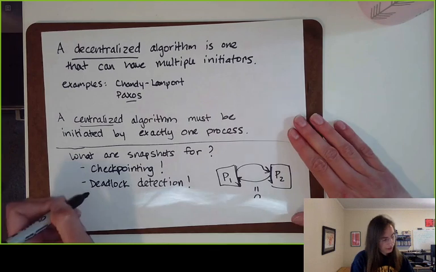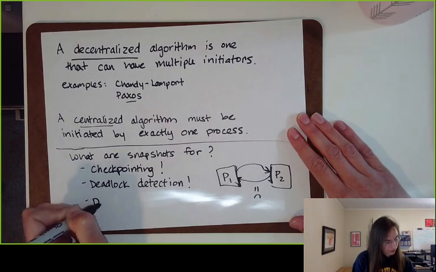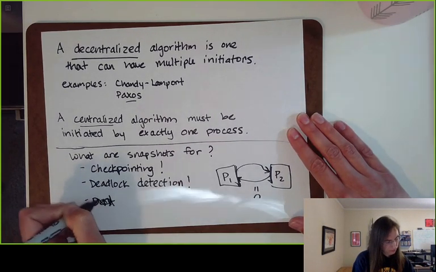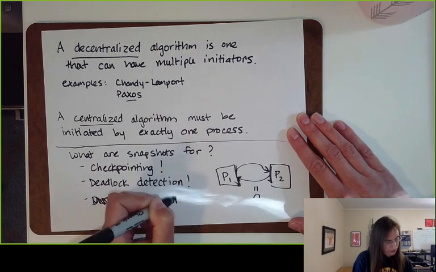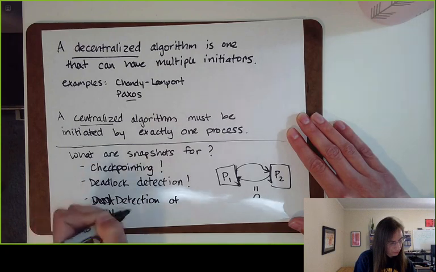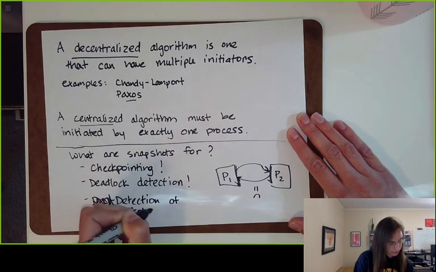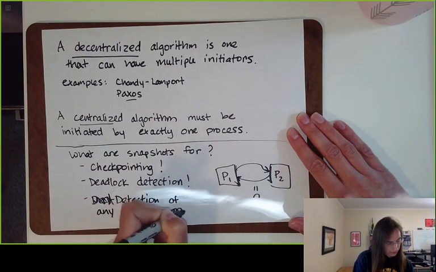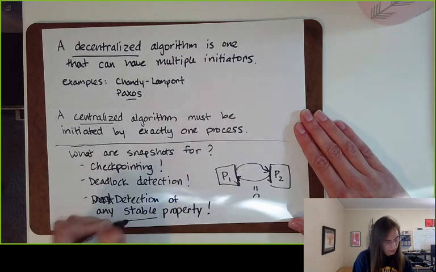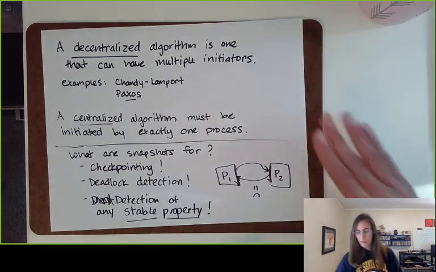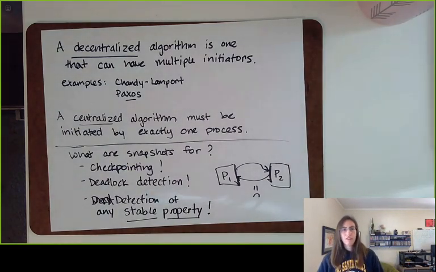And then more broadly, detection of any what's called a stable property. And I know we're out of time, so I'll just talk about this briefly. So a stable property is a property that once it becomes true, it stays true.